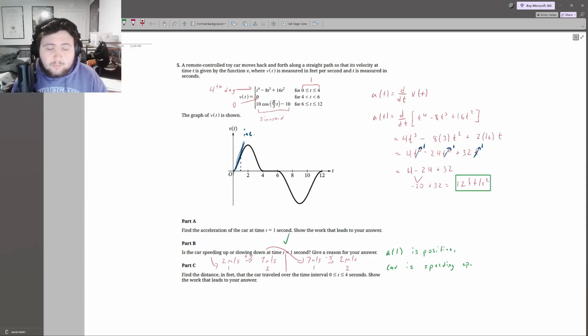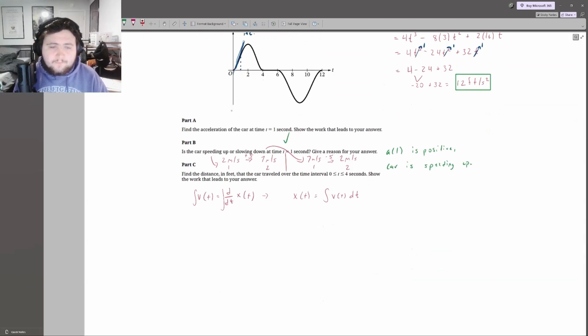We can actually note that velocity is the derivative of distance. Therefore, using our fundamental theorem of calculus, we can integrate both of these sides, and we know that distance is the integral of velocity.